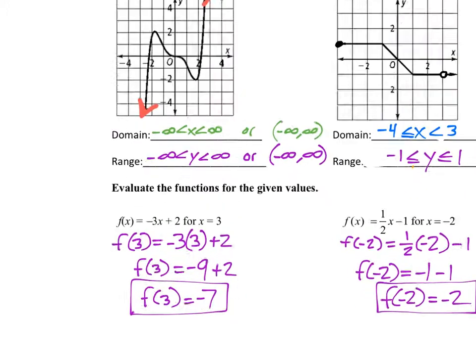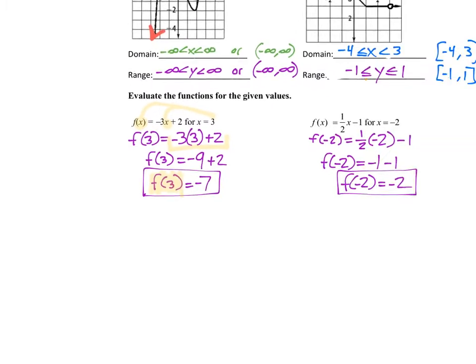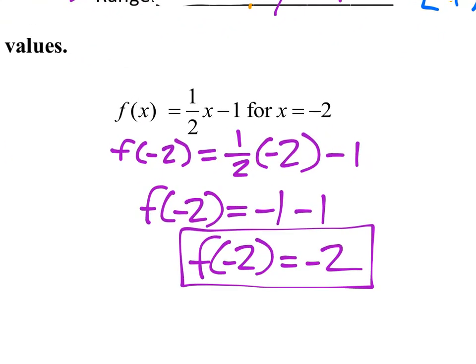Alright, so evaluating functions, that is as simple as taking your x and plugging it in, all the x's you see, with what it asks. The left-hand side stays the same, which is why in my answer I still have f of 3. Meanwhile, you just evaluate the right-hand side to get your answer. Same thing even with fractions or whatever. Plugging in the -2 for x here and in here.